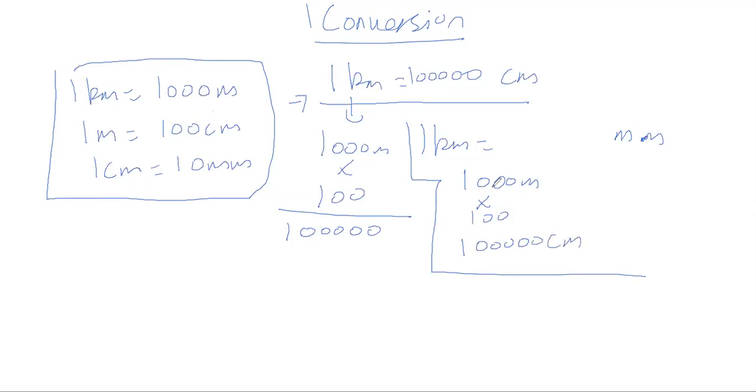Now we are interested in millimeters, so we need to convert the centimeters into millimeters. We know that in 1 centimeter there are 10 millimeters, so we need to multiply by 10. How many zeros are there? 1, 2, 3, 4, 5, 6. This becomes 1 kilometer is equal to 1 and 6 zeros millimeters.